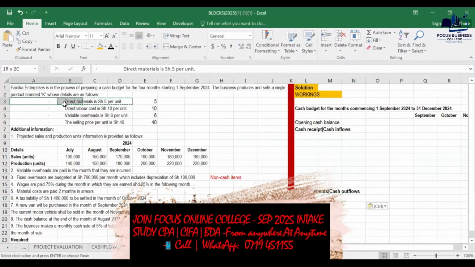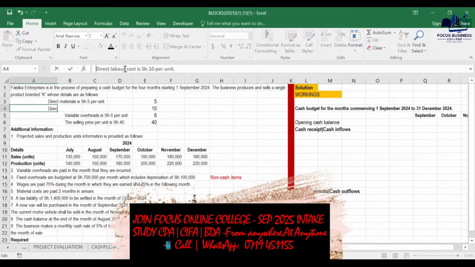Let me first of all arrange this on the right, because we should be able to move without typing. Remember, whenever you're doing these particular questions in an examination setup, you should avoid a lot of typing.